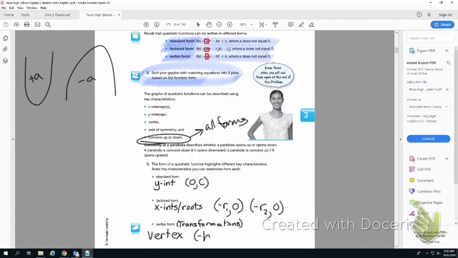It's going to be the opposite of h, comma k. It's the left and right and the up and down transformation. And again, if you didn't write it in all the forms up there, you can put concavity. You can get that from all three forms.